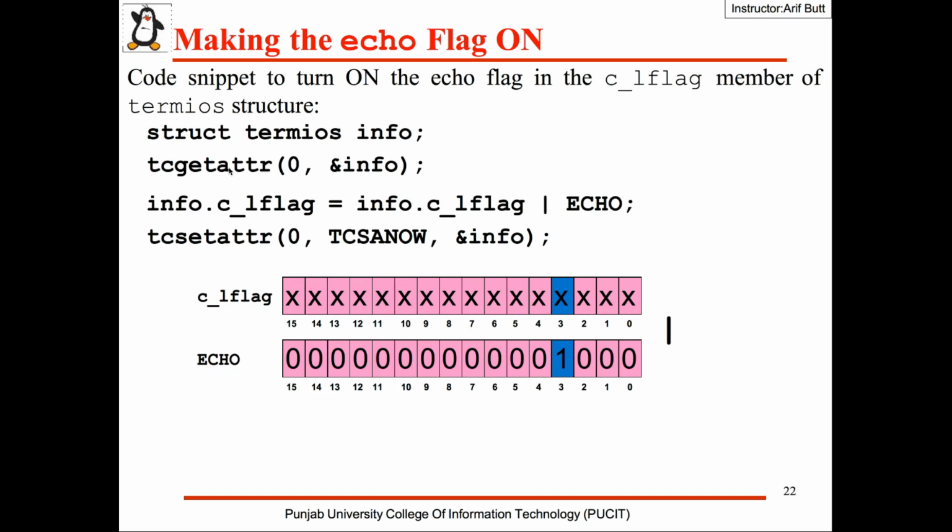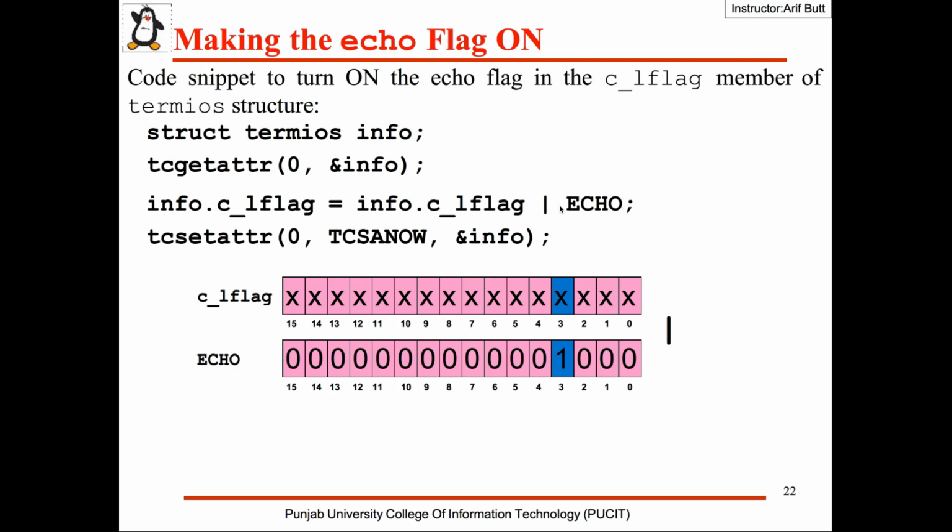So the first step was getting the attributes, and I'm getting the attributes using tcgetattr with 0, and this is the termios structure pointer. And then I'm using the bitwise OR of the local flag of this termios structure with this constant ECHO, which of course contains 8 in decimal.